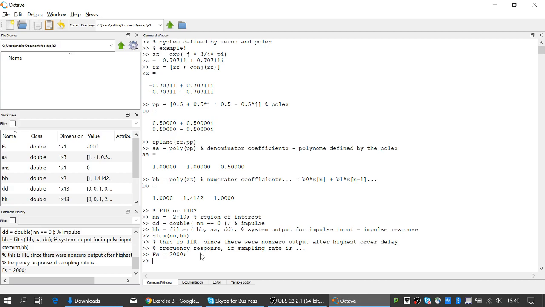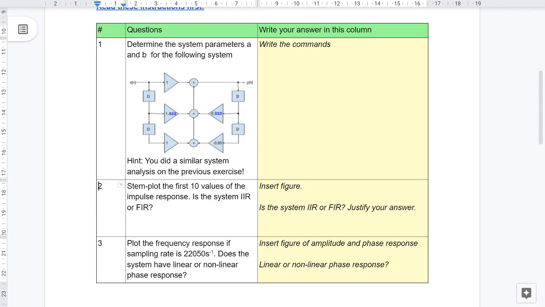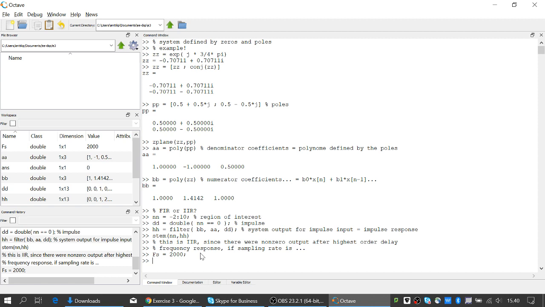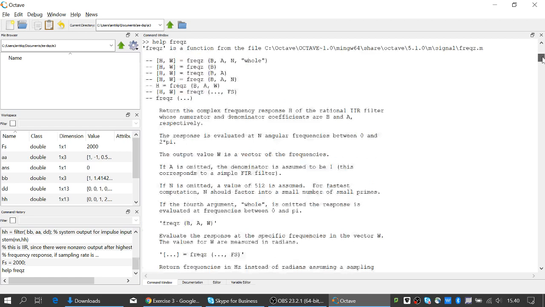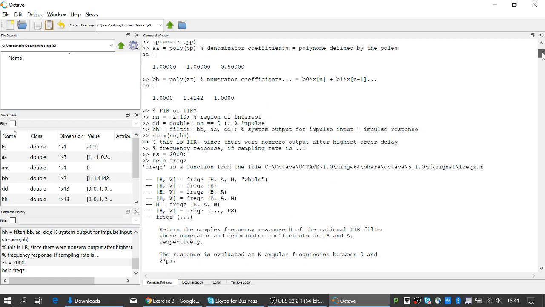And now we can actually calculate the frequency response. That can be calculated using freqz. So let's take a look at help freqz. There we go. So we have different ways of using it. B, A, N, and the sampling rate. Yes, I want to use this form.